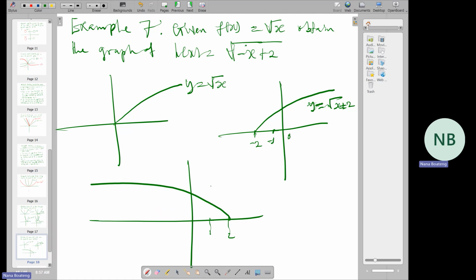So this becomes y is equal to the square root of negative x plus 2.